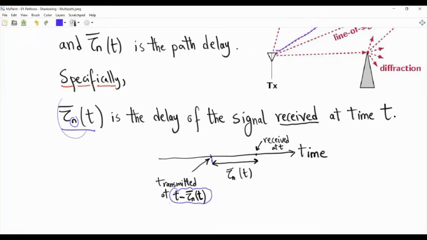So that's the definition. The delay at time t is the delay of the signal received exactly at time t, and we make things a function of time because delays change with time.